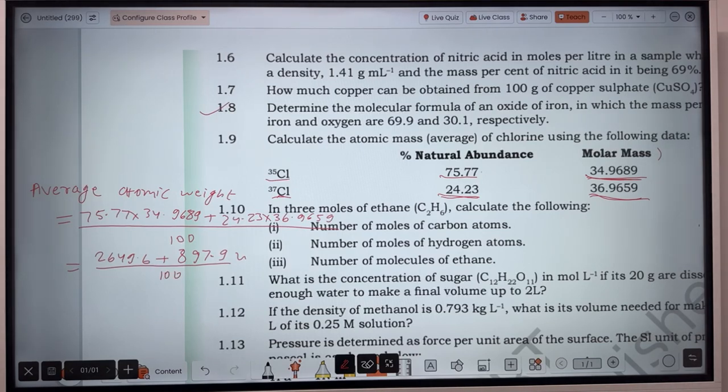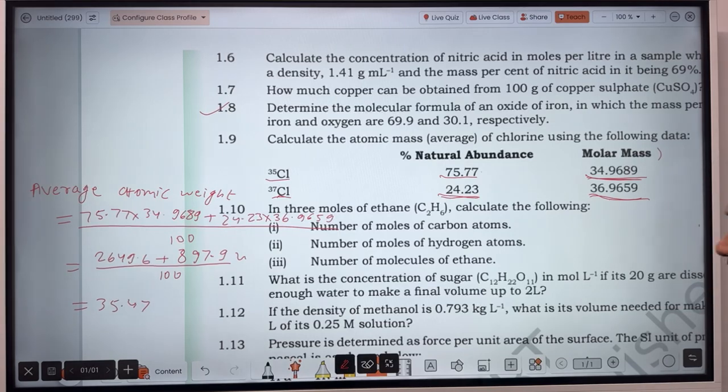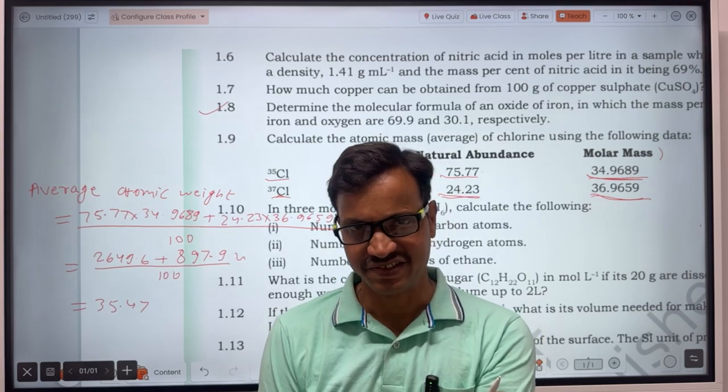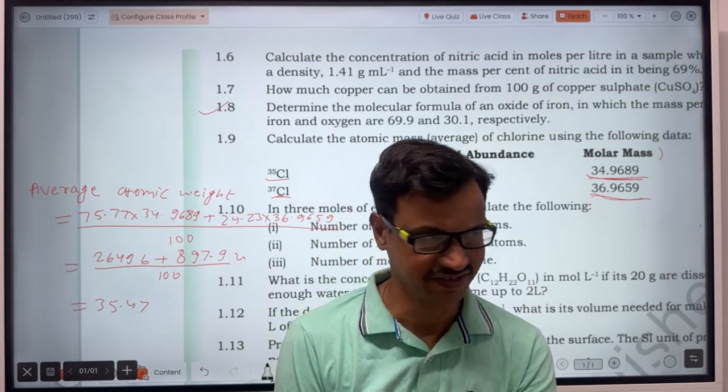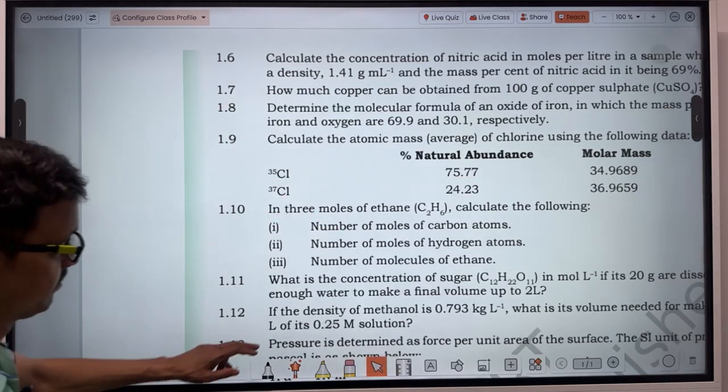That came to 35.47. So by this data, the average atomic weight of chlorine will be 35.47, and you already know the average atomic weight of chlorine is 35.5. Now let's see the next question.